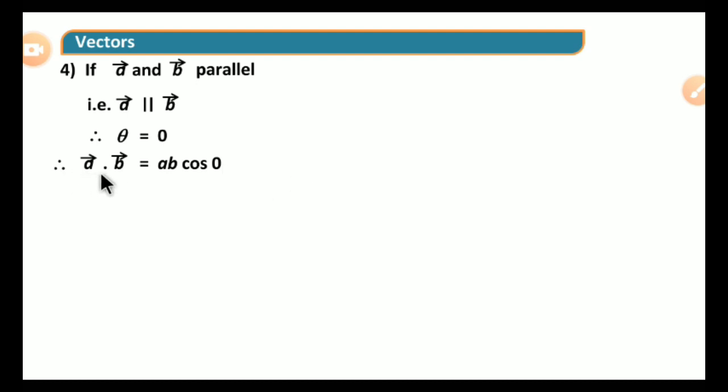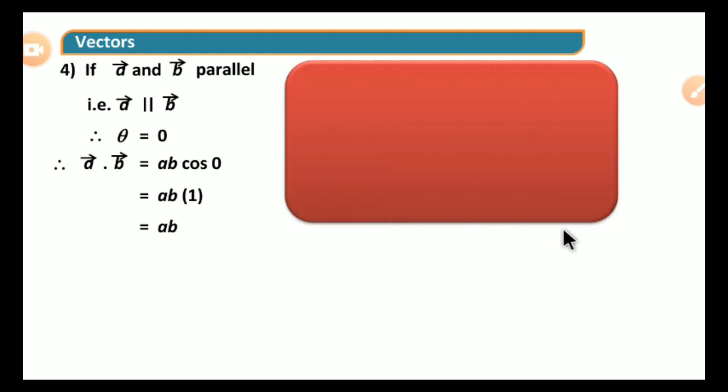Then it is equal to AB into 1, because the value of cos 0 is equal to 1. Therefore A vector dot B vector is equal to AB. So whenever A and B are parallel to each other, we have to take the multiplication of magnitudes of both the vectors.